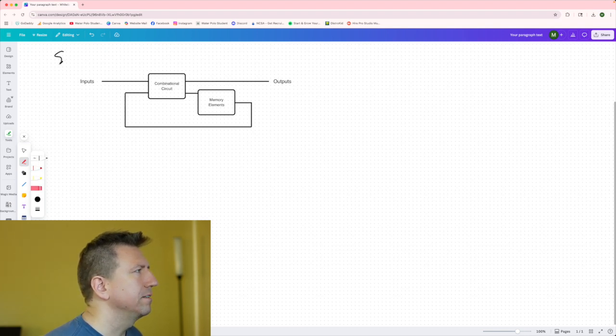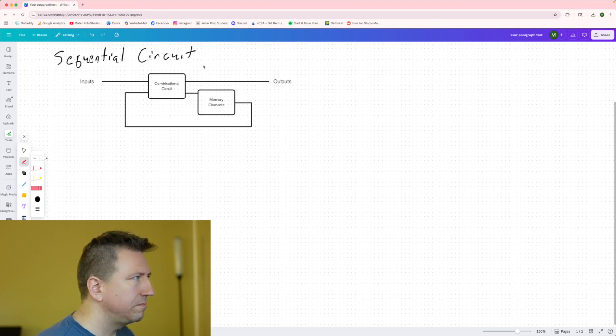So what we have here is a sequential circuit. And I want to look at the block diagram right here. So as I was saying, we have inputs, and those inputs are fed into outputs, and that was our original combinational circuit. And this changed immediately.